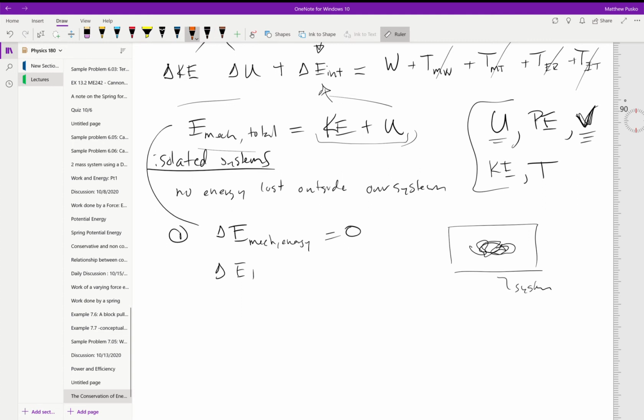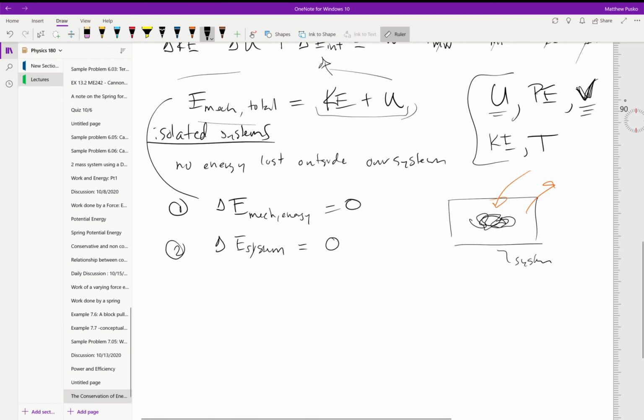As long as nothing leaves or comes in, we will also say that the total energy of the system doesn't change, or delta E is equal to 0. And when we put those two things together, we get the conservation of energy: the change in kinetic energy plus the change in potential energy is equal to 0.